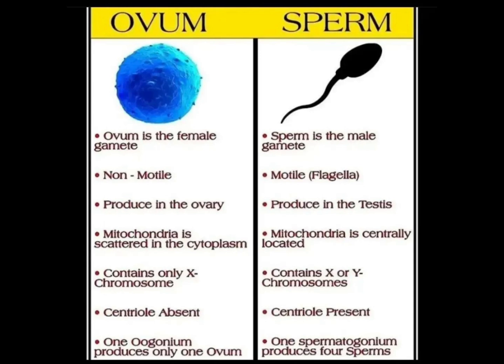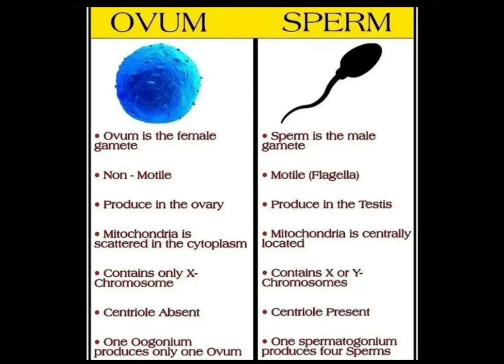The egg cell is produced in the ovary, whilst the sperm cell is produced in the testes. For the ovum, mitochondria are scattered in the cytoplasm, and then for sperms, the mitochondria are centrally located. The egg cell has X chromosomes, whilst the sperm cell has X or Y chromosomes.